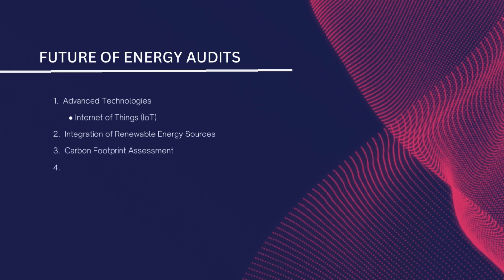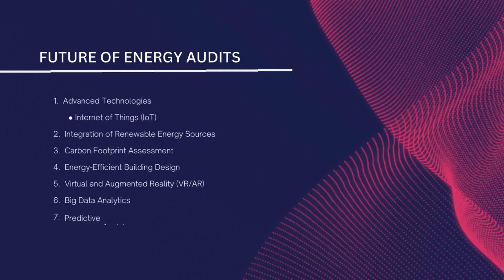First one is advanced technologies, artificial intelligence and machine learning. Artificial intelligence algorithms can analyze vast amounts of data from energy consumption patterns, weather data, occupancy schedules and building systems to identify energy saving opportunities and provide real time insights for better decision making.